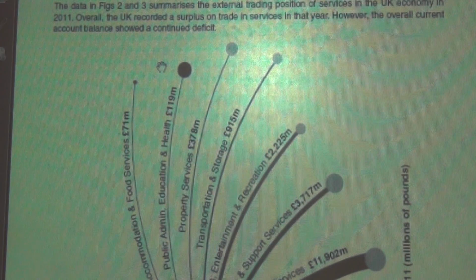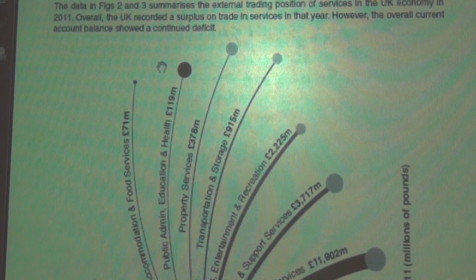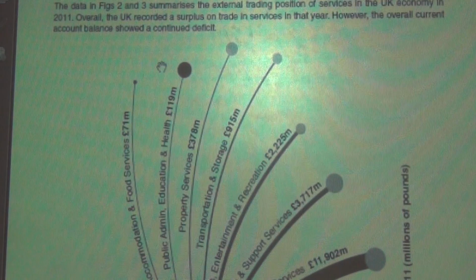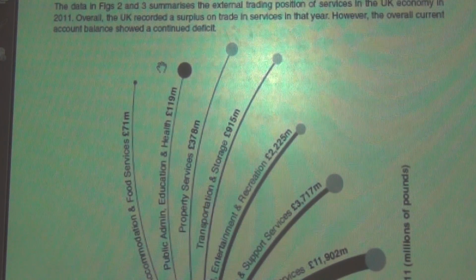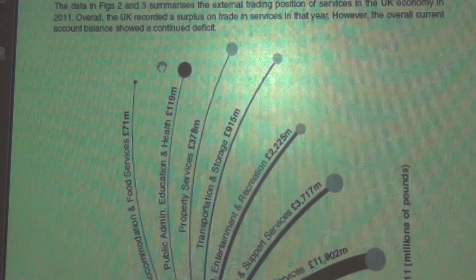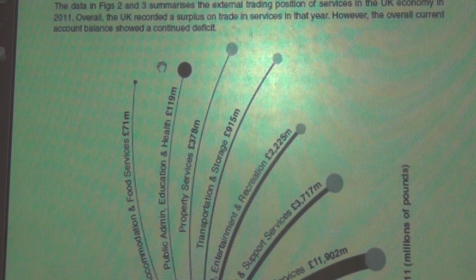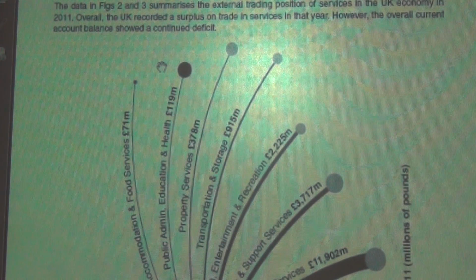So that's referring to this data, figures 2 and 3. And again, I would draw your attention to the fact that this is summarizing the trading position, as it says at the top, trading position for services. Note that it says that overall current account balance continued to show a deficit.